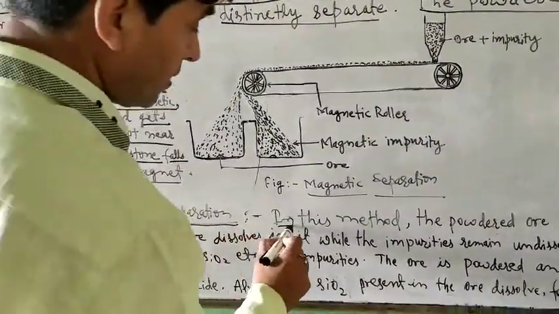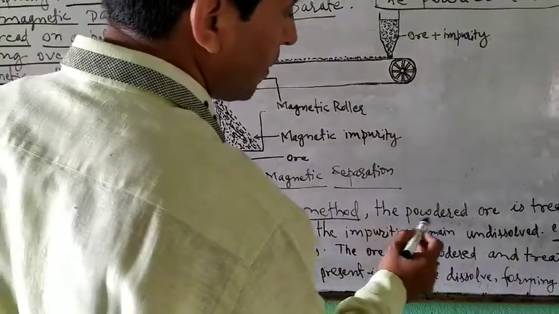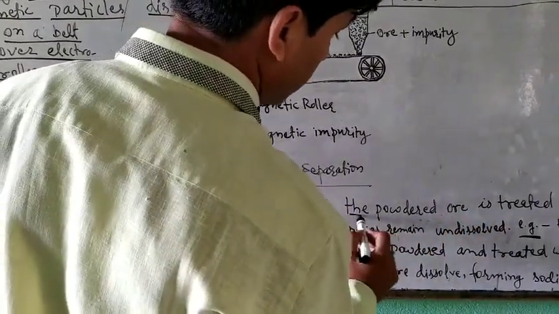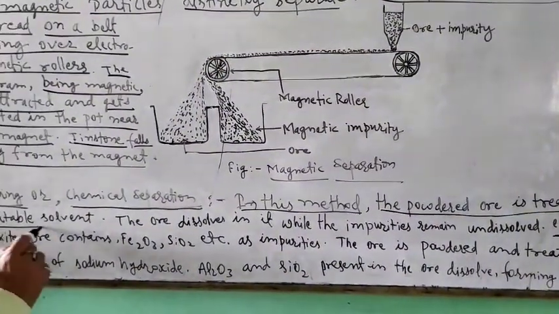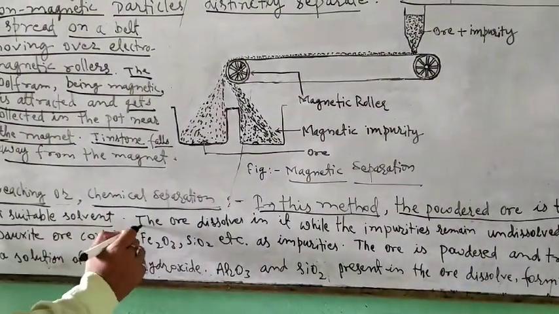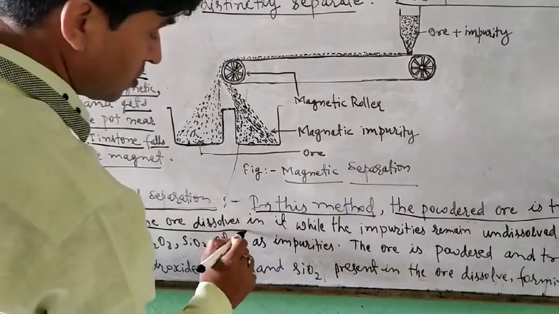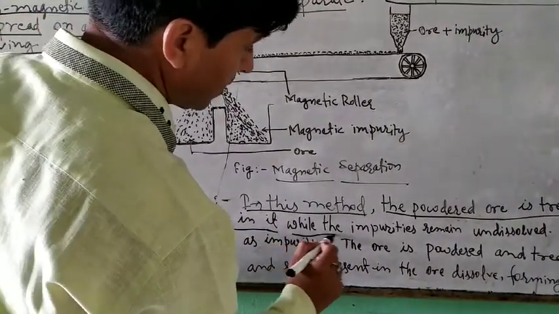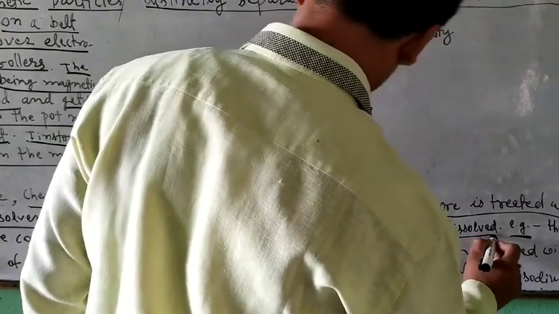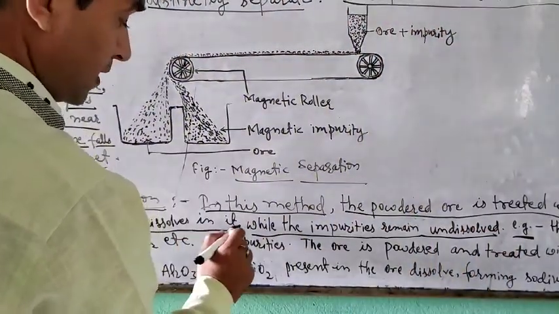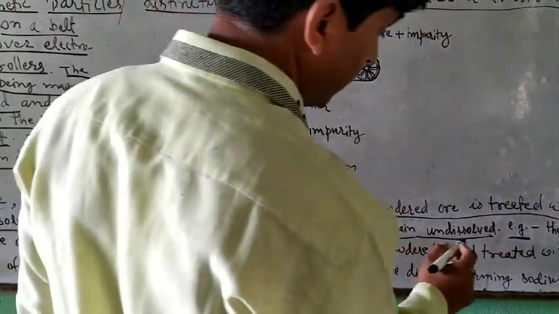In this method, the powdered ore is treated with a suitable solvent. The ore dissolves in it, while the impurities remain undissolved.